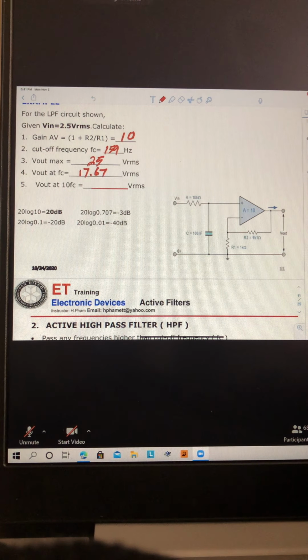If you want to calculate the VL at the cutoff, you take the VL maximum times 0.707. And the last one will be 2.5. That means the VL at 10 FC. You want to calculate the VL at 10 FC, you take the VL maximum times 0.1.